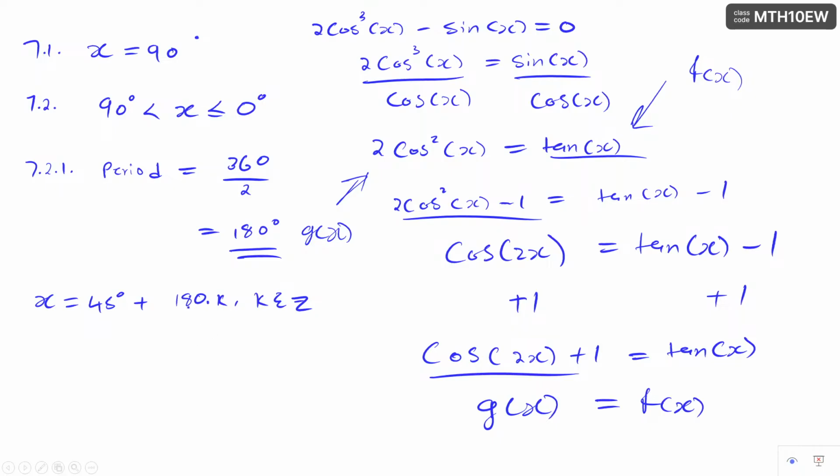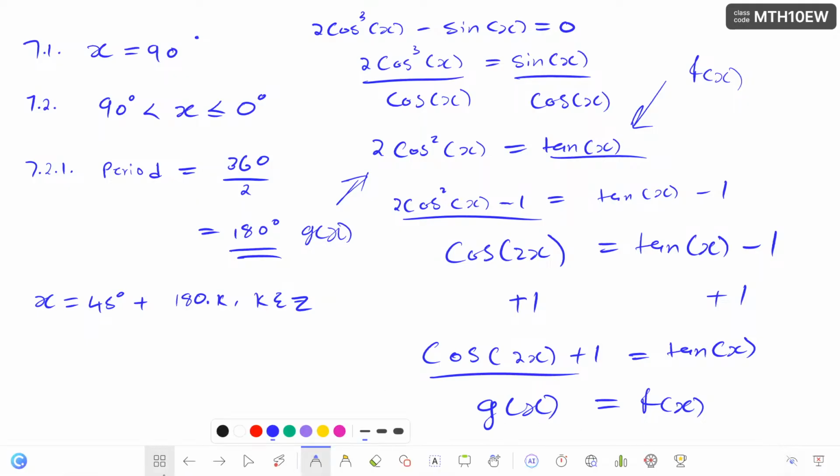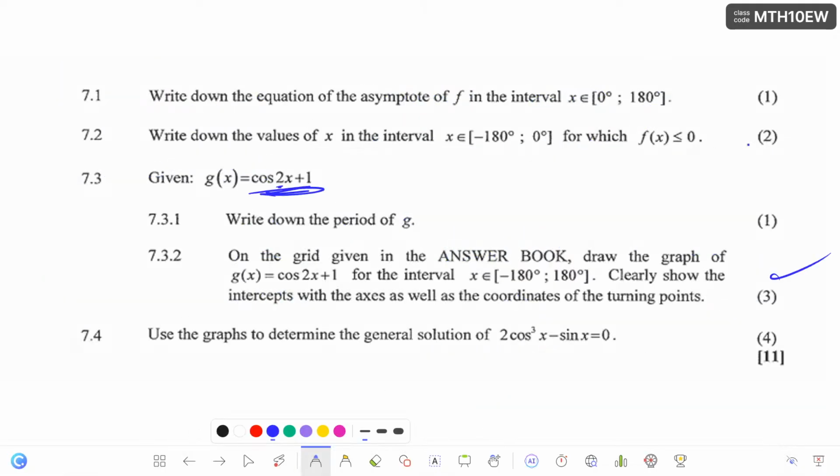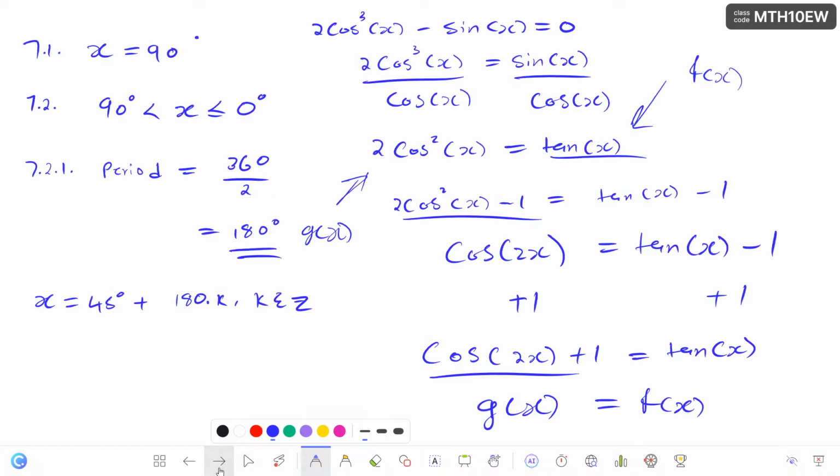The reason why I say 180 degrees is because we found our period to be 180. Remember this question? What is that question? Yes, this one. We found our period to be 180 degrees. So yeah, that is the answer for the general solution using the graphs.